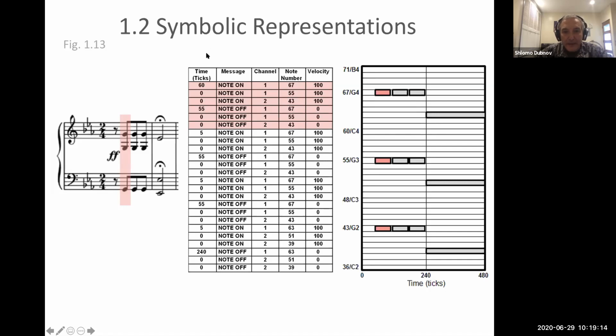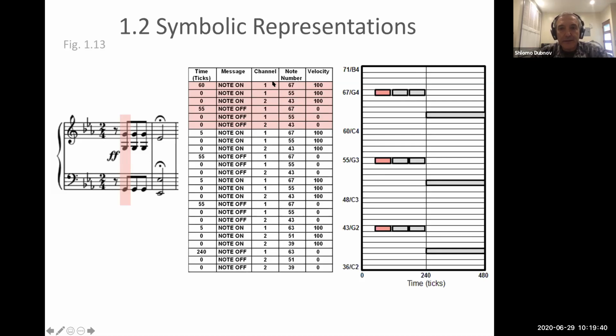And depending on the tempo, there needs to be some agreement of how fast these ticks pass, and that's another important issue in understanding musical notation. But nothing happened for 60 ticks, and then this note happens. And all of these notes are the same duration, so they should also be held for 60 ticks.